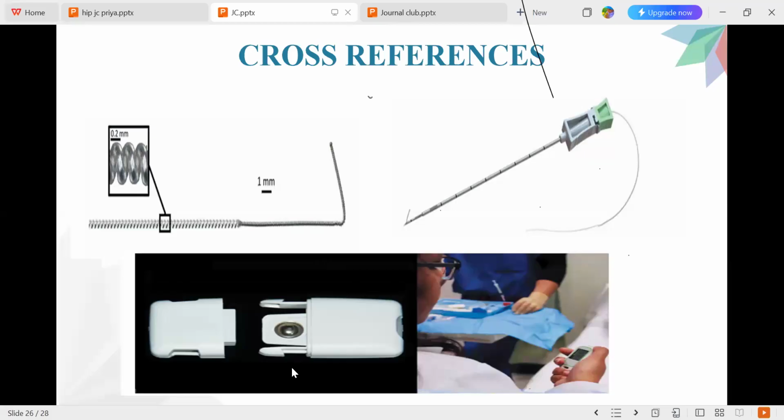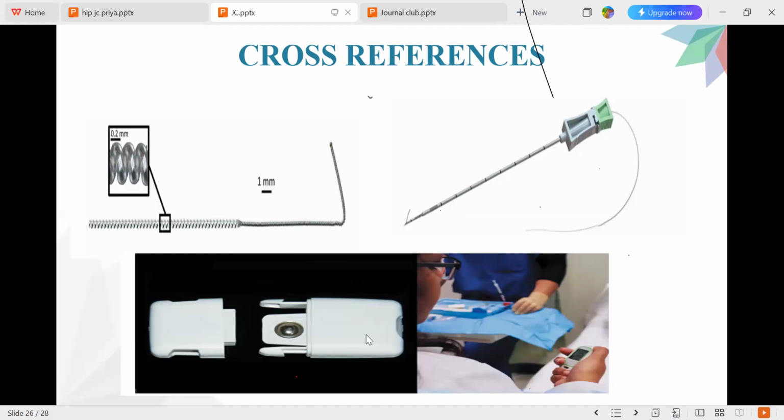We have a helical structure, which is the needle through which the current will be delivered. The helical structure has a diameter of 0.2 mm. The helix is placed to increase the length of the device, and the second picture on the side describes the device, which can be mounted via a catheter and introduced into the patient.